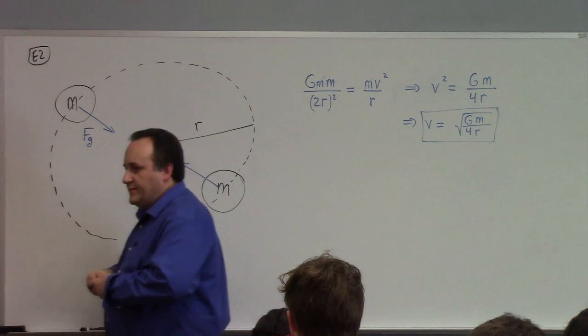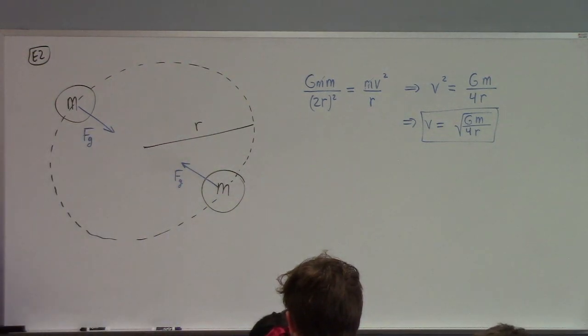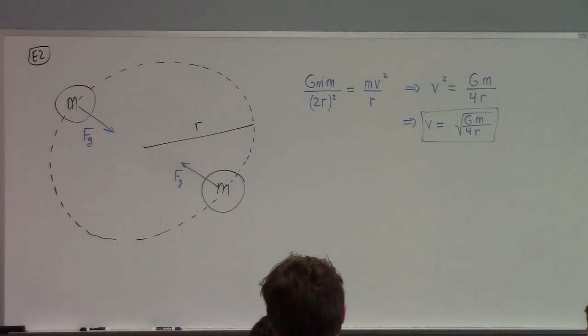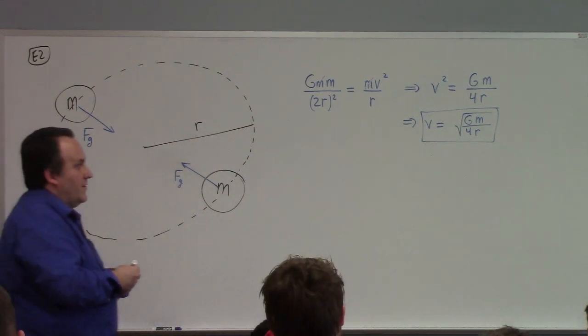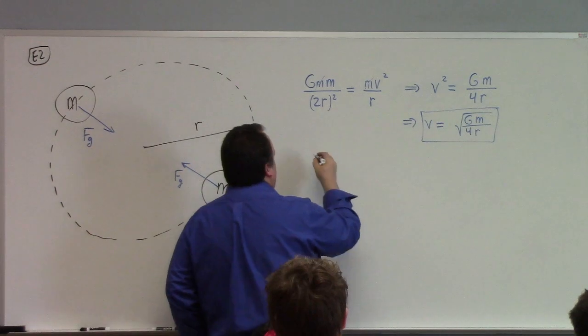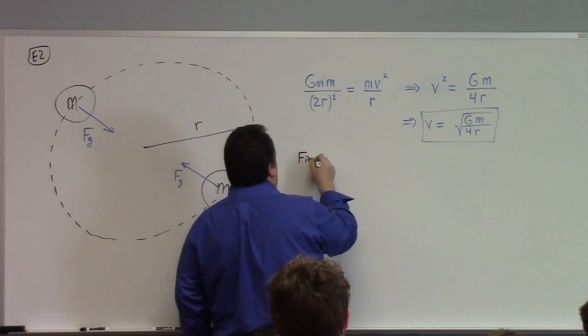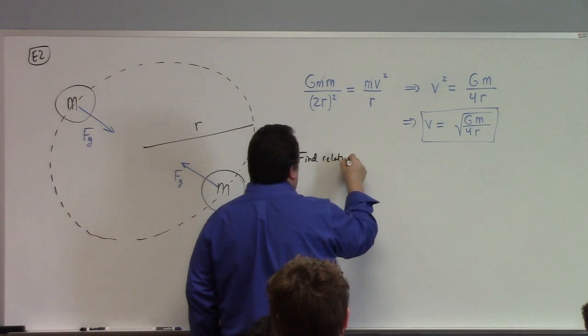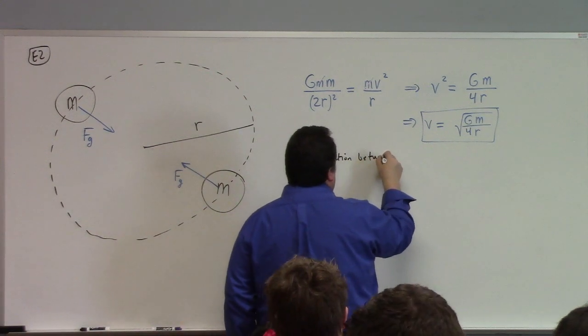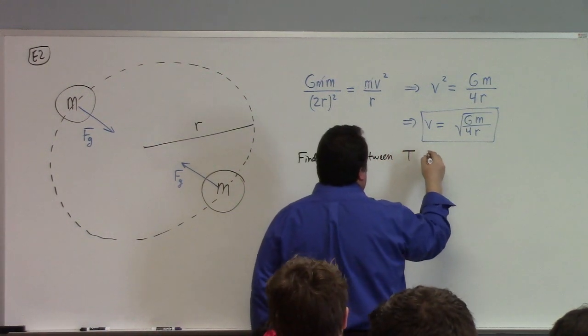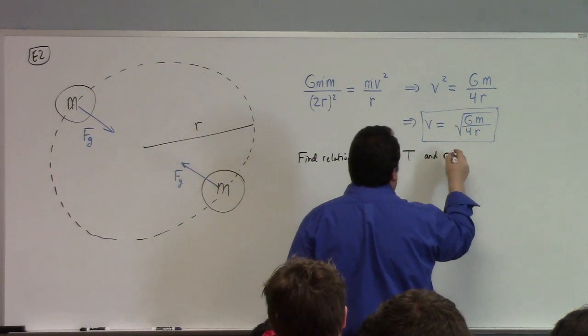Now, of course, we can also derive the relation between the period and the radius of the orbit, right? How would we do that? To get that, find the relation between the period of the motion and the radius.